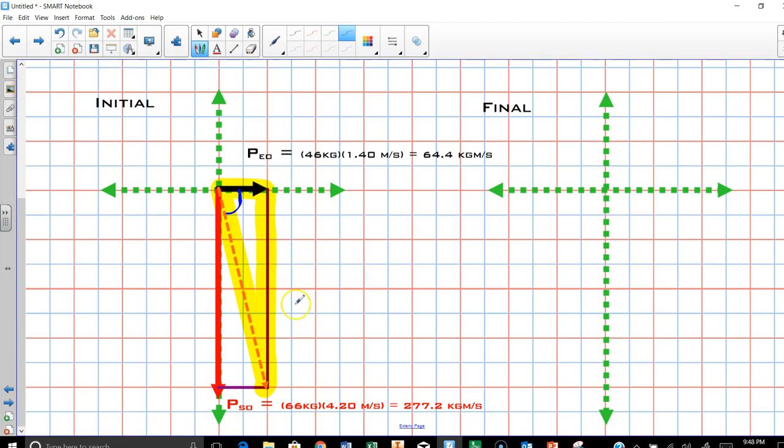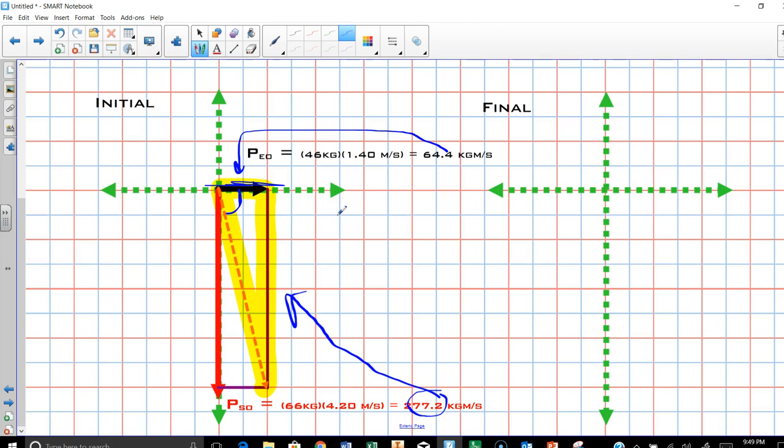So I know this side is, of course, the 277. And this side of that triangle is the 64.4. So the hypotenuse is going to be the one side squared plus the other side squared, and then take the square root of that after you add them together.